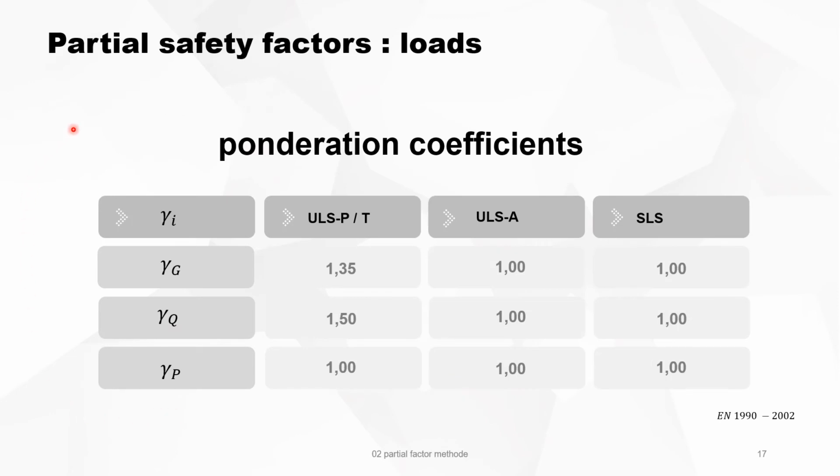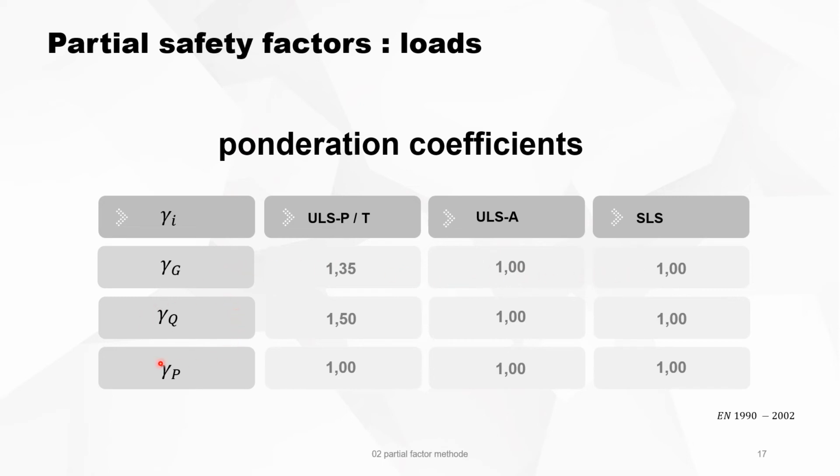The ponderation coefficients, the gamma I for ULS persistent and transient, and the ULS accidental and the SLS. You will see that for the permanent loads, you have 1.35 for ULS and ULS A1.